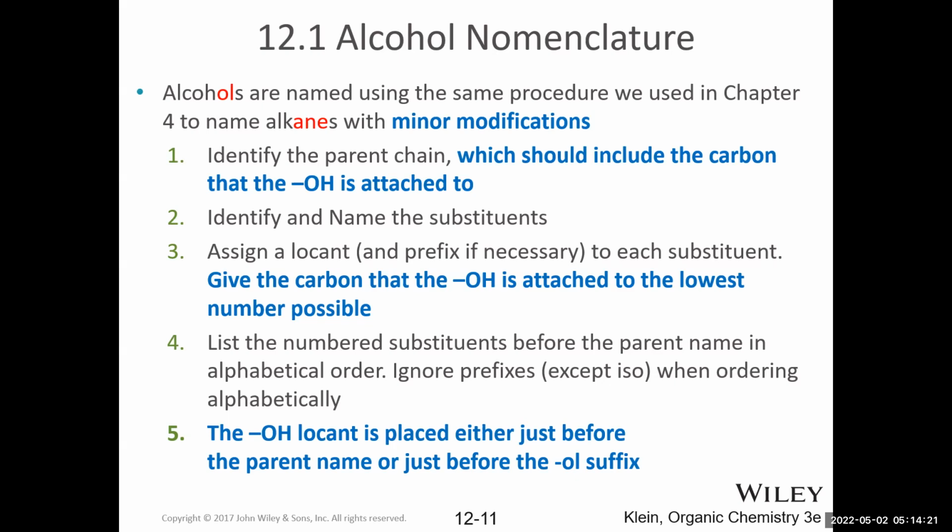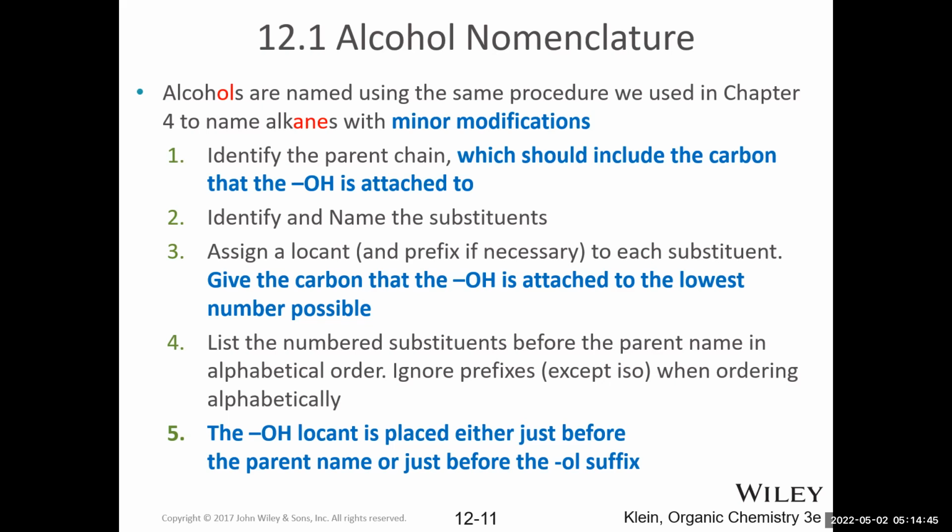So the OH group or alcohols have priority over alkynes and alkenes, right? Which have priority over alkanes and halogens and alkyl halides. So now, even if you have an alkene and an alcohol, or an alkyne and an alcohol, the alcohol takes priority over the alkene and the alkyne.